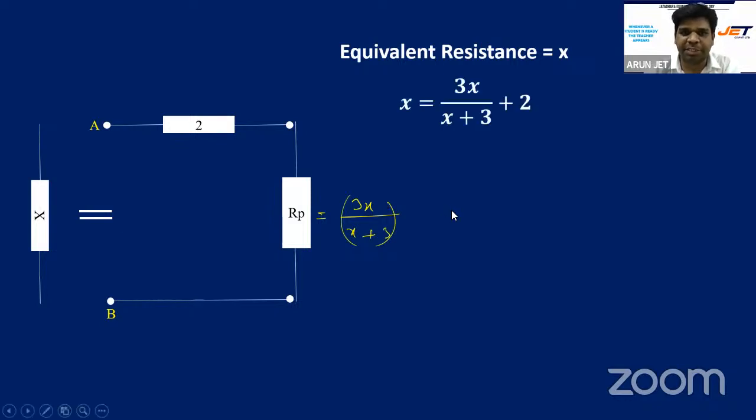So this 3x by x plus 3 is in series with 2, which is equal to x again. So 5x plus 6 by x plus 3. Shashank, have you got the same equation? X is equal to 3x by x plus 3 plus 2.